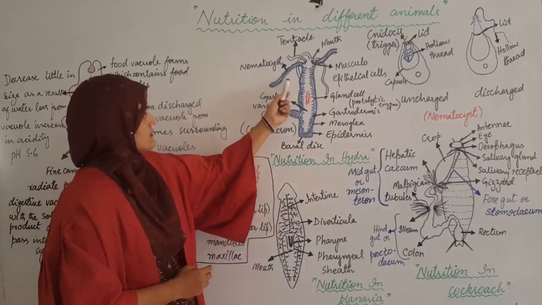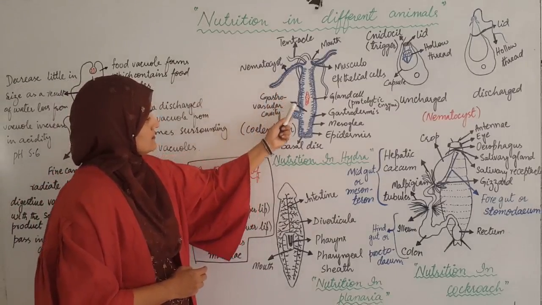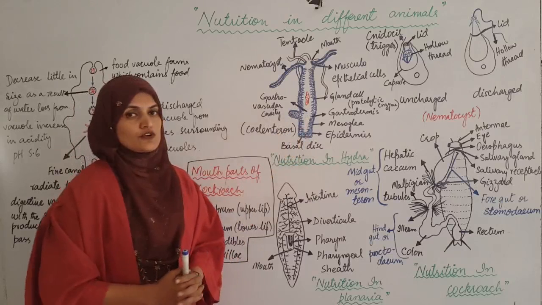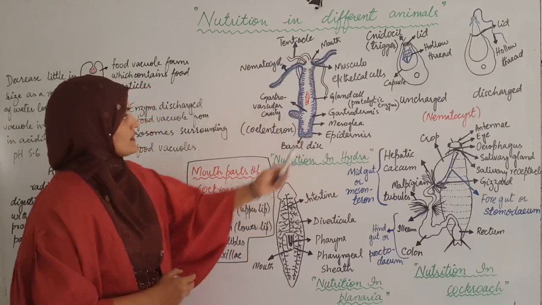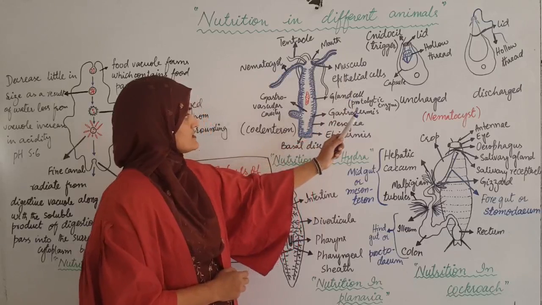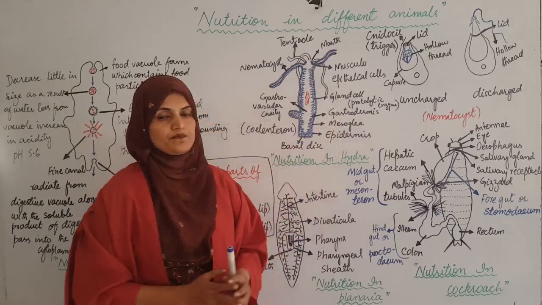In this, the body wall consists of two types of cells. One is musculoepithelial cell and the other one is glandular cells.